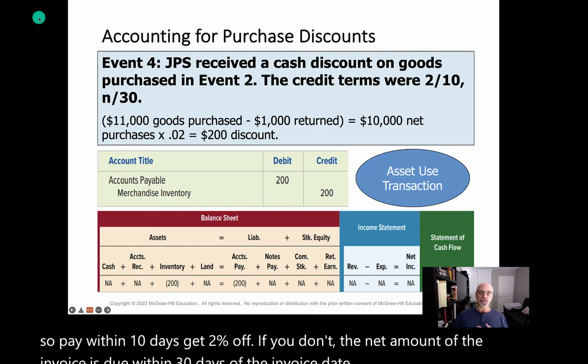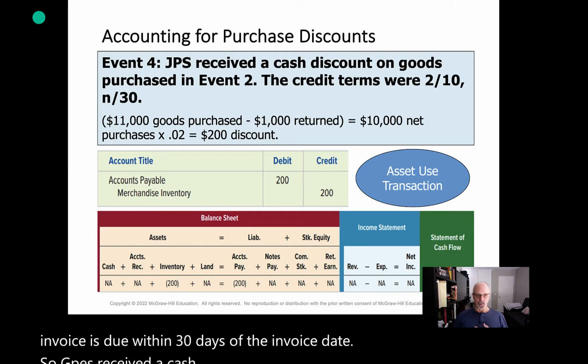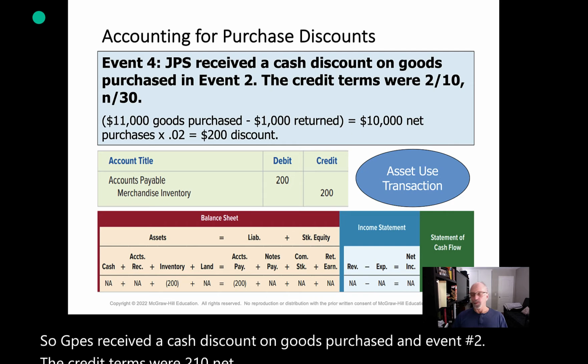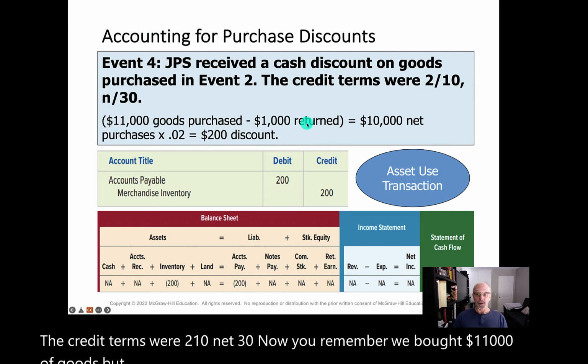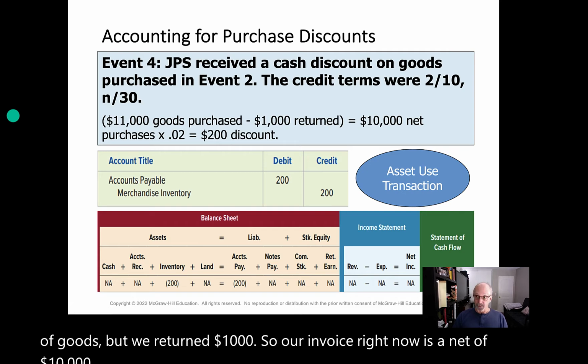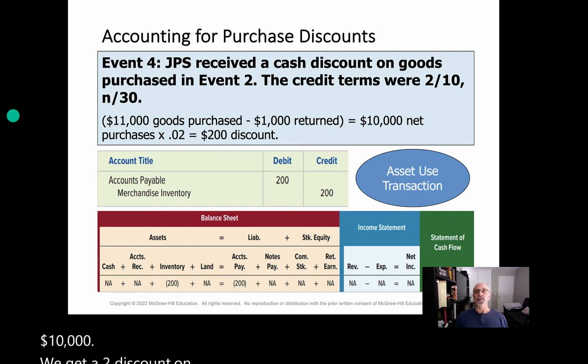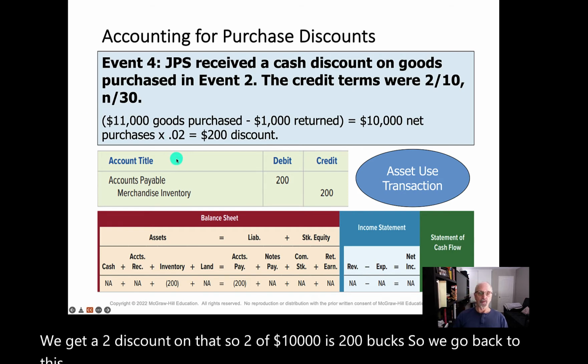So JPS received a cash discount on goods purchased in event number 2. The credit terms were 2/10 net 30. Now you remember we bought $11,000 of goods, but we returned $1,000. So our invoice right now is a net of $10,000. We get a 2% discount on that, so 2% of $10,000 is $200. So we go back to this same principle of reversing the purchase transaction.